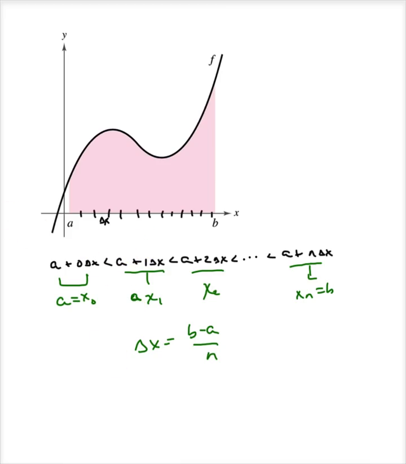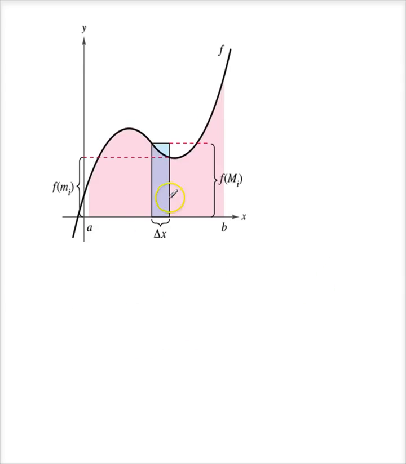Now, you remember if I draw a representative rectangle, delta x wide, at some c sub i, the extreme value theorem tells me that there must be a max and min on this interval. It does not have to be at an endpoint.